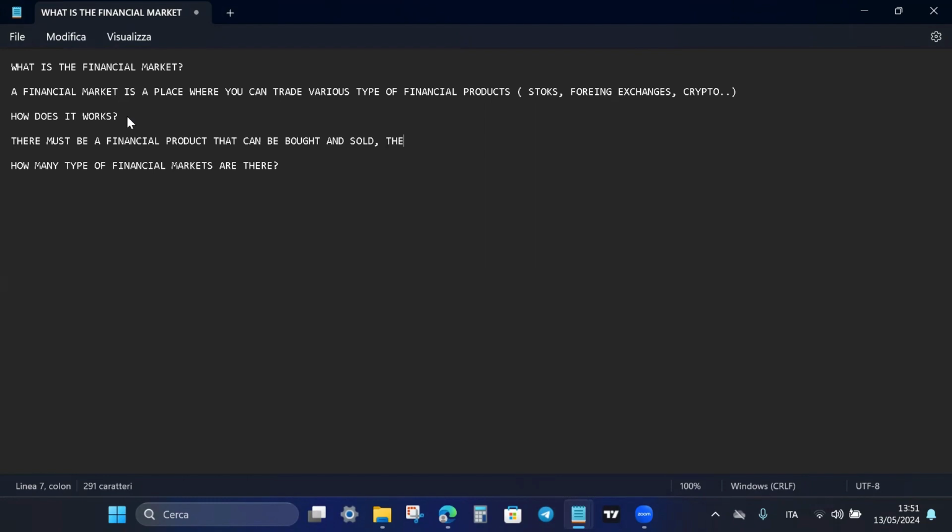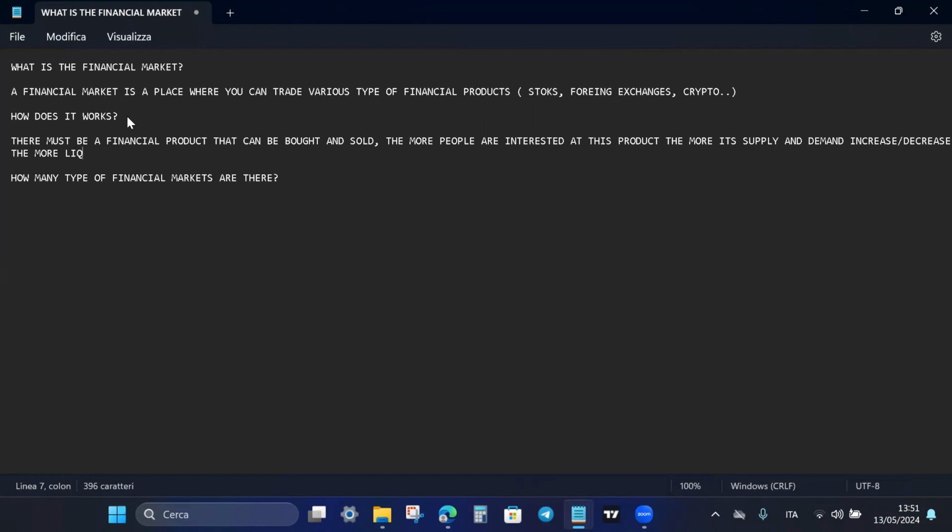Okay, the more people are interested in this product, the more its supply and demand increase or decrease, the more liquidity it gets. Okay, the best example of this is Bitcoin.